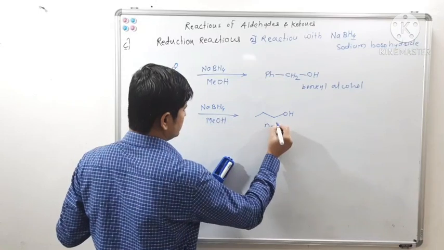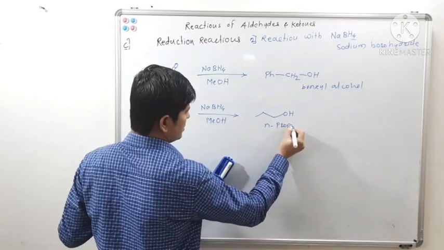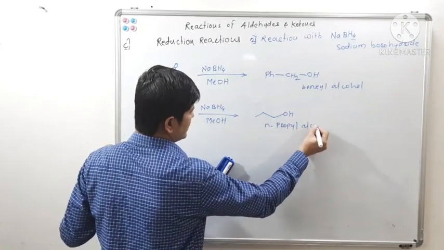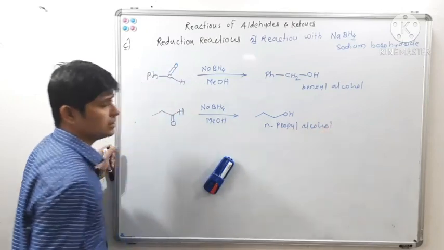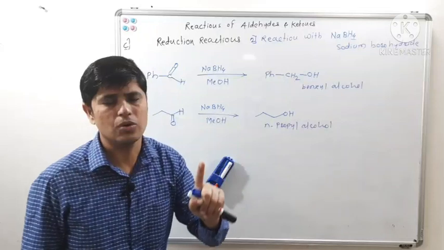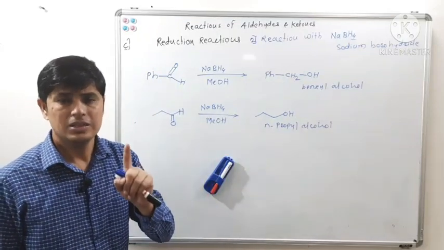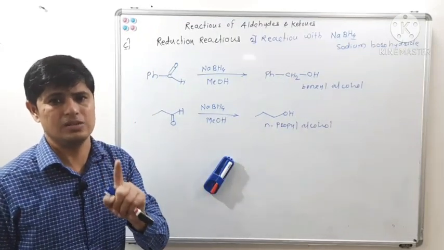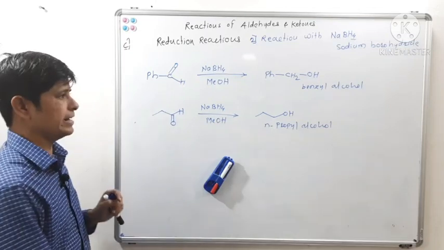It will give n-propyl alcohol as a product. That means an aldehyde always gives a primary alcohol as a product in sodium borohydride reduction also, like lithium aluminum hydride.